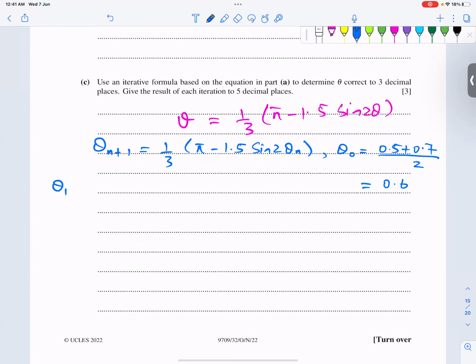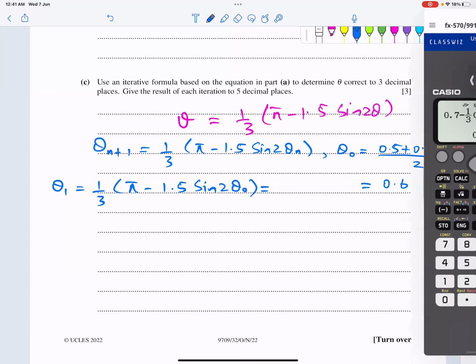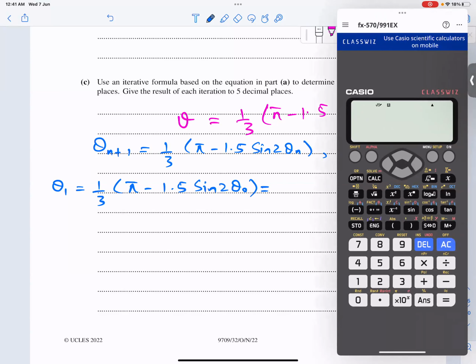Then put n equal to 0. You will get theta 1, which is equal to 1/3 of pi minus 1.5 sine 2 times theta naught. So use the calculator now: 1/3 into pi minus 1.5 sine of 2 times theta naught, which was 0.6.